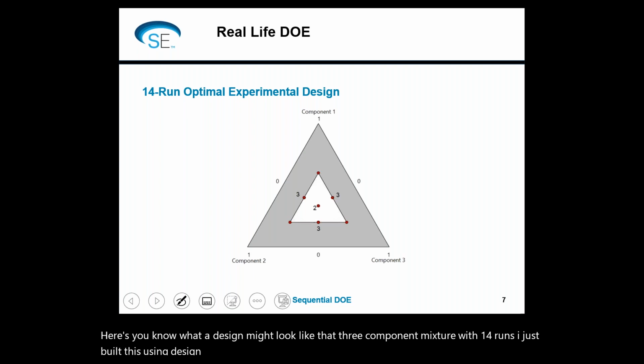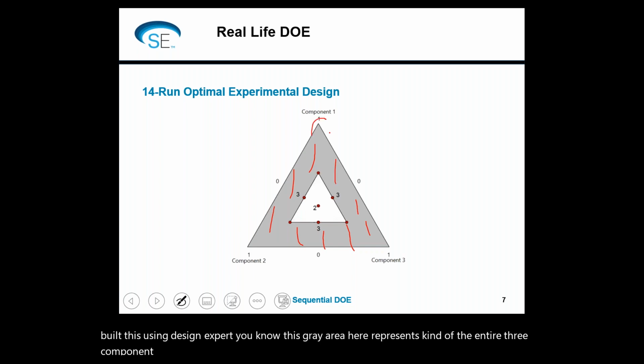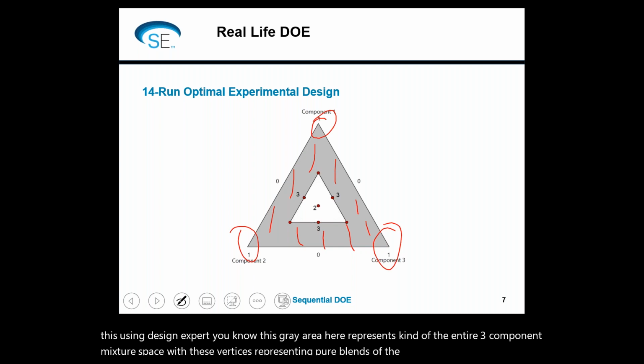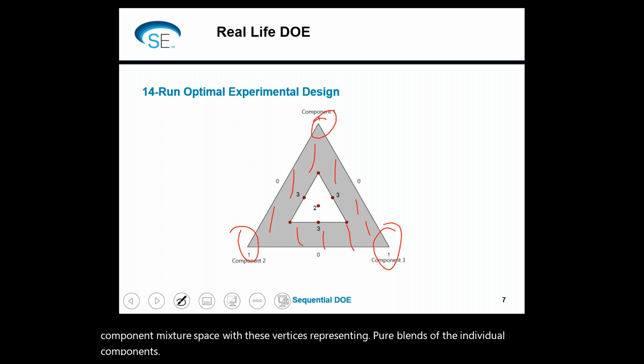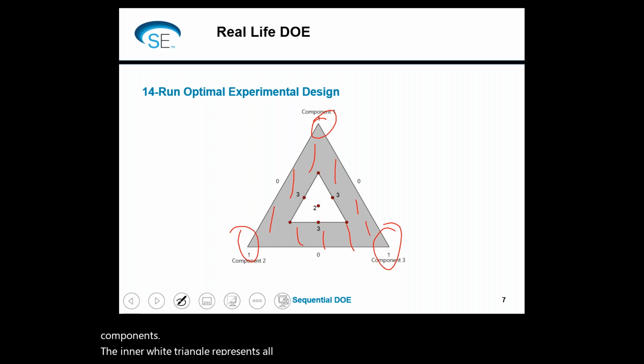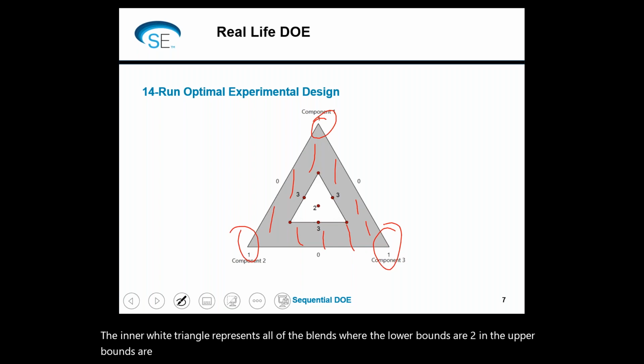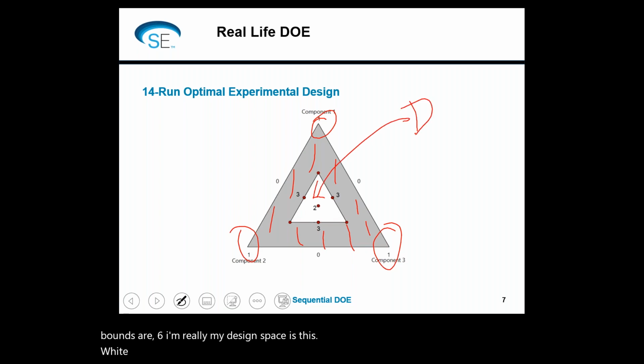This gray area here represents the entire 3-component mixture space, with these vertices representing pure blends of the individual components. The inner white triangle represents all of the blends where the lower bounds are 0.2 and the upper bounds are 0.6. So my design space is this white region here.